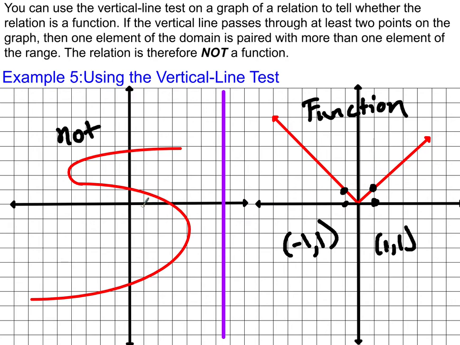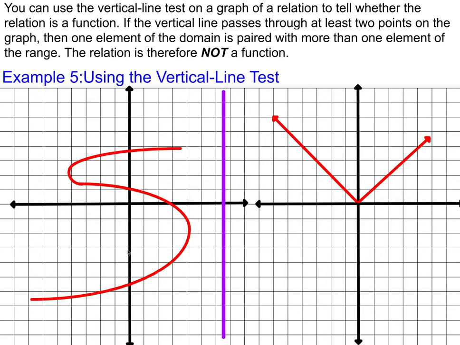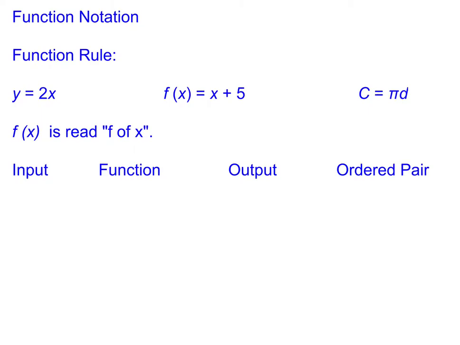But over here, you have 1, and it goes to, let's say, 0.9, but it also goes to almost 3.9, and it goes down here to -5. So one domain value has three different range values. That's a problem. So this is not a function. And you can tell that by using the vertical line test.